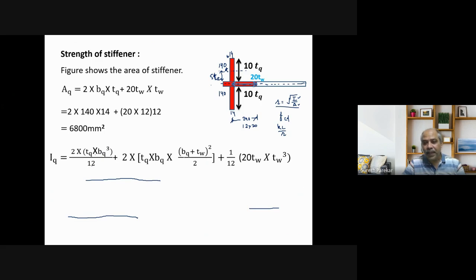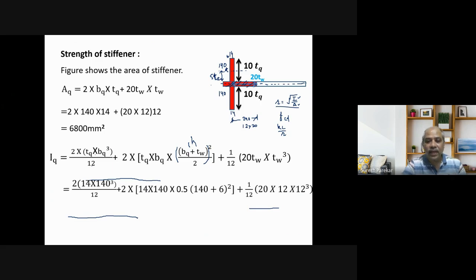So we have BQ plus TW, and we have to take it from the center of this. So the whole of this, and then we have the square of this. This is the value of H, plus 1 by 12 TW into TW cube, which is of this web. And then we will get this value.